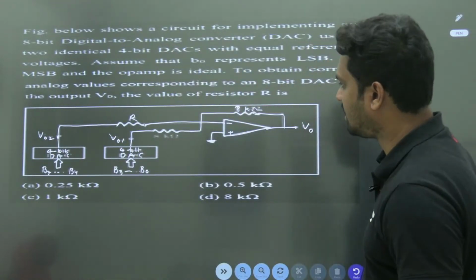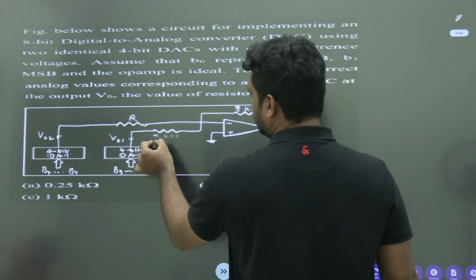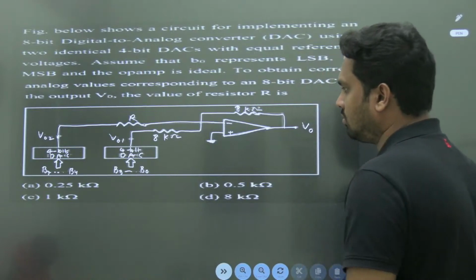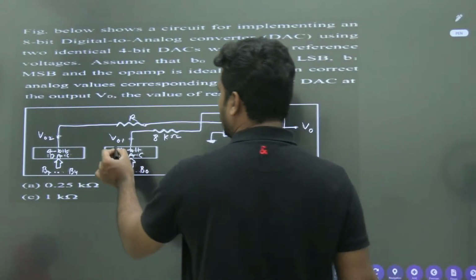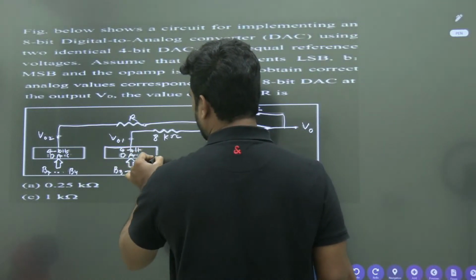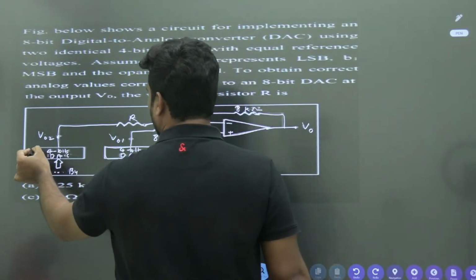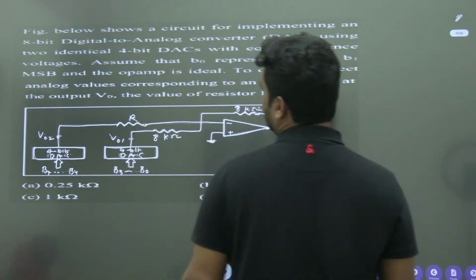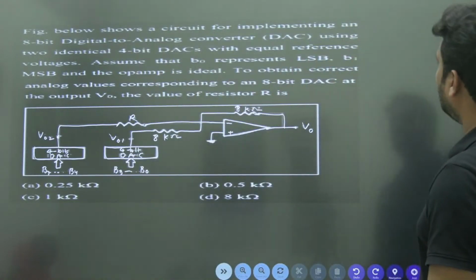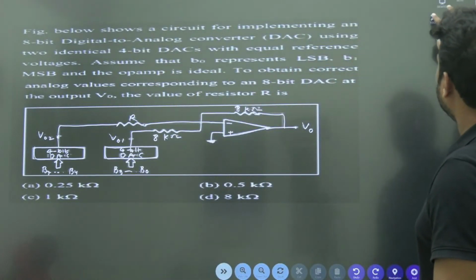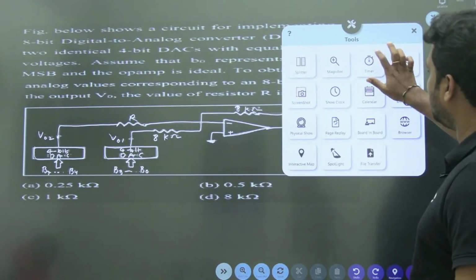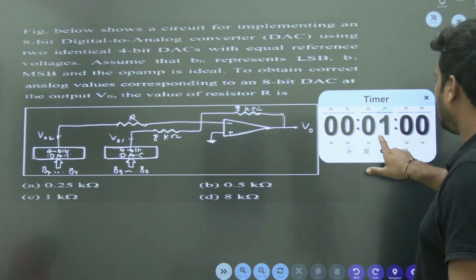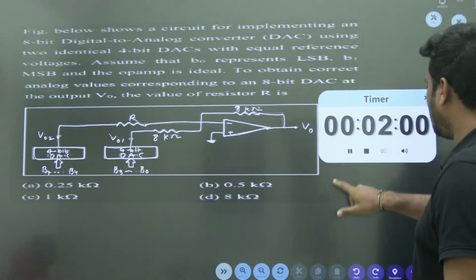Okay, please try. You have an 8-bit DAC implemented using two 4-bit DACs. You need to find the value of R for this. Maybe it requires a little more time. You can try.